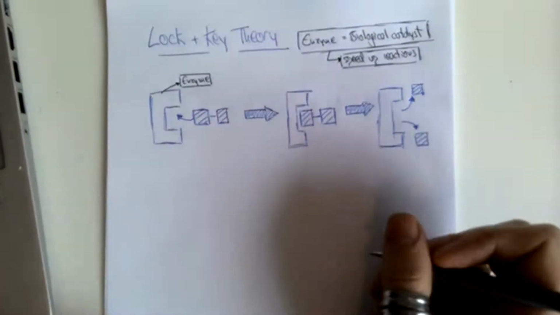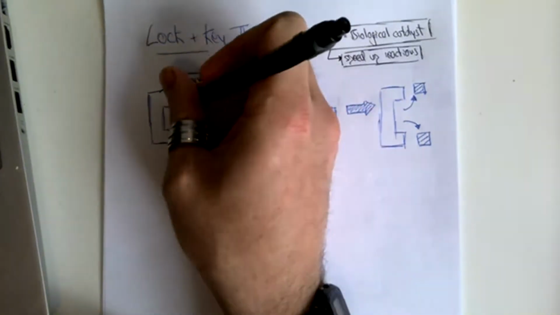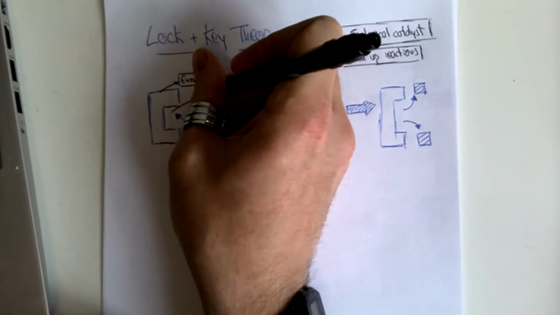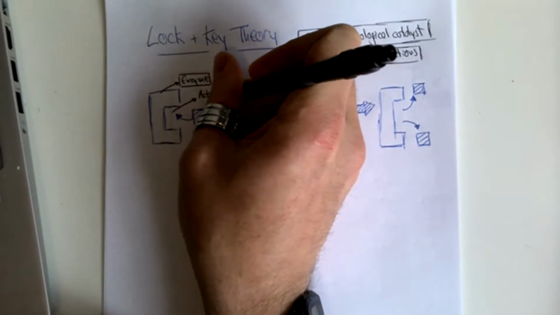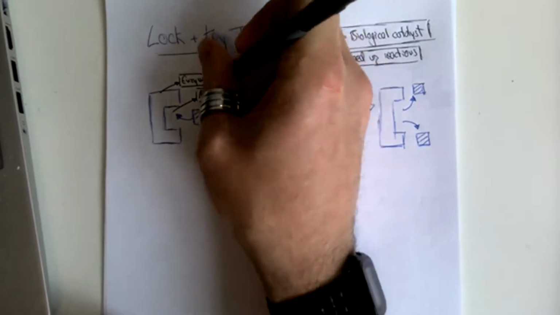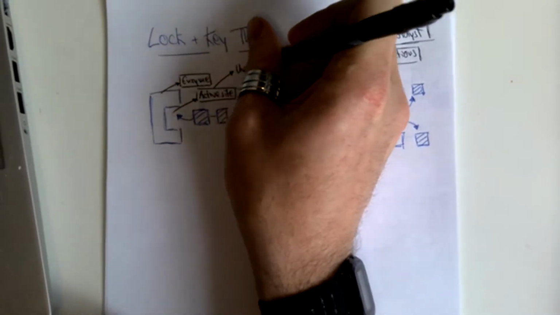Now, our enzyme is a unique molecule, okay? And within the molecule, it has a unique shape called the active site. So as we said, it's important to bear in mind that these are unique.